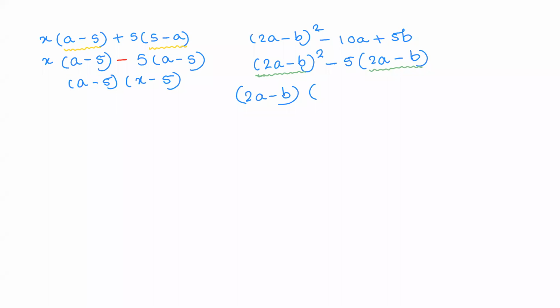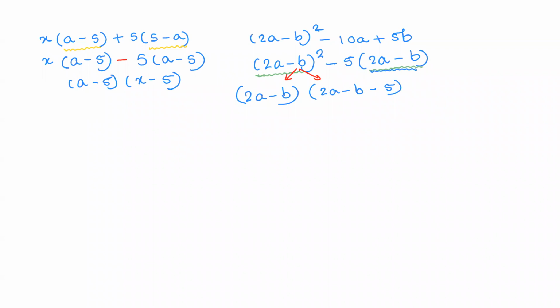Out of the 2a minus b the whole square, one 2a minus b has gone outside, so one 2a minus b remains inside the bracket after taking out common. From the next term, the entire 2a minus b has been taken out common. So what remains inside? Simply 5.